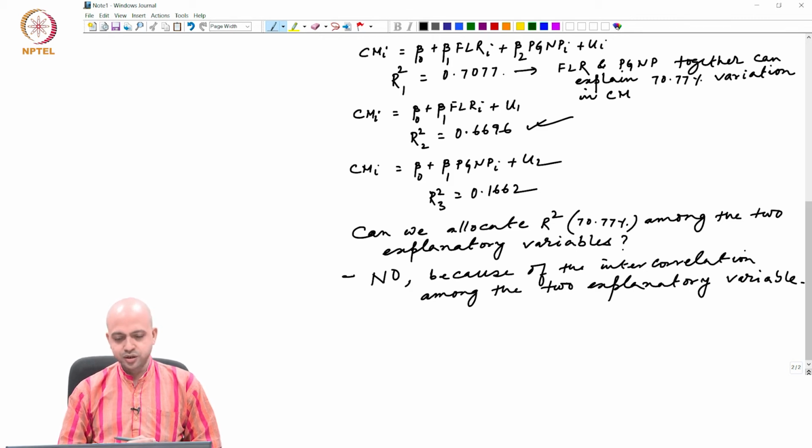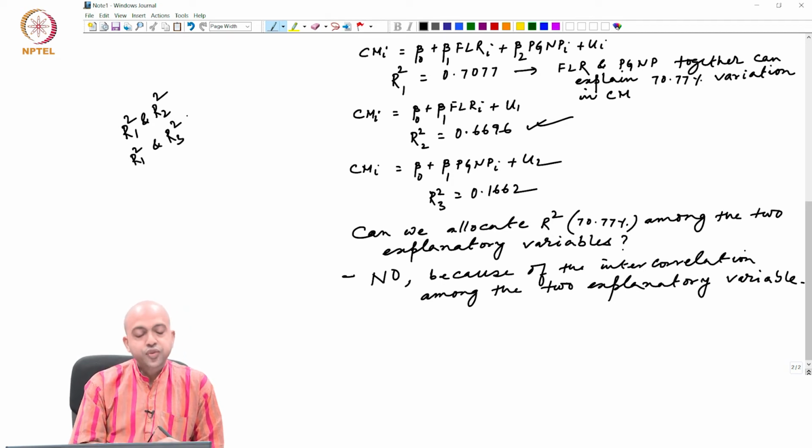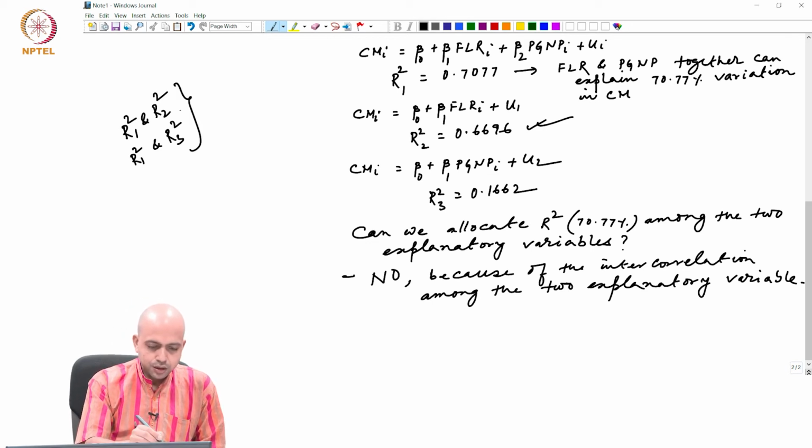Now, the question that comes to our mind: can we compare these two R square? That means, can we compare R1 square and R2 square, or R1 square and R3 square, and say that R1 square is better?